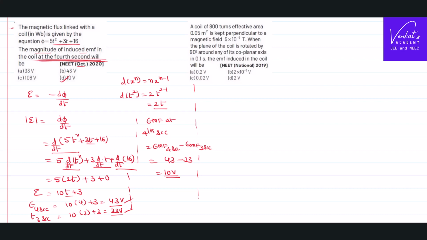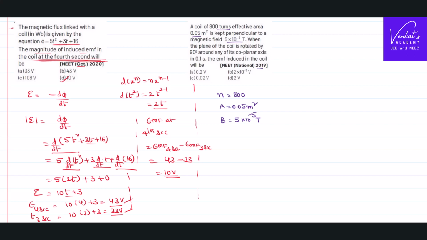This is given in NEET 2019. The question says a coil of 800 turns. So the number of turns is given in the problem as 800. It has an effective area of 0.05 meter square, in a perpendicular magnetic field of B equal to 5 into 10 power minus 5 Tesla.